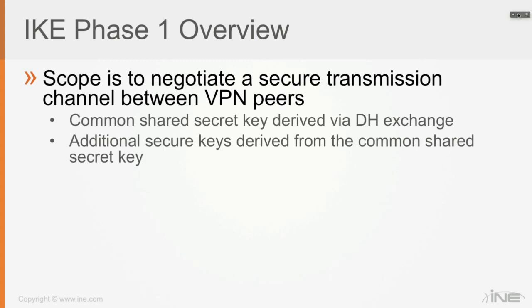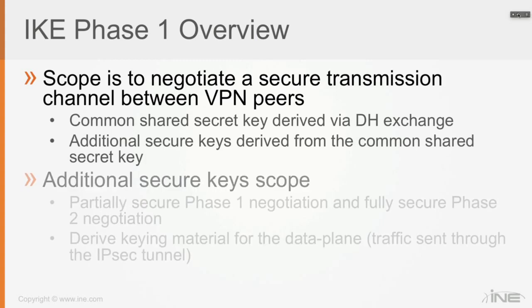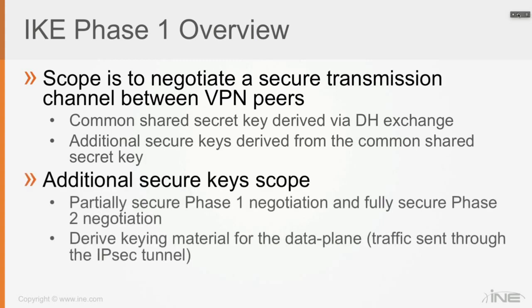Now the scope of the additional secure keys is to partially secure the phase 1 negotiation and fully secure the phase 2 negotiation. And also, those additional secure keys are going to be used to derive key material for the data plane, which means traffic being sent through the IPsec tunnel.